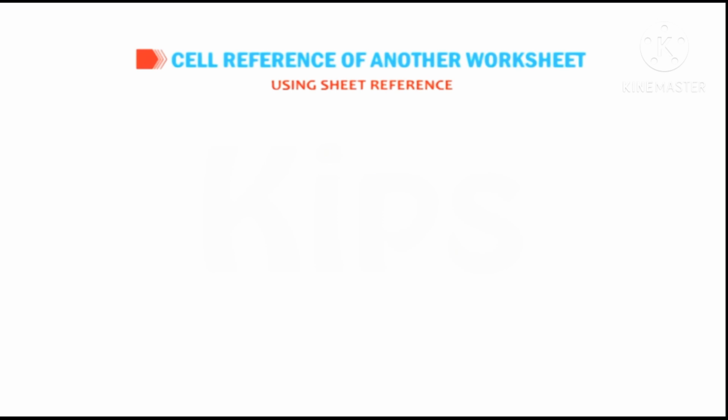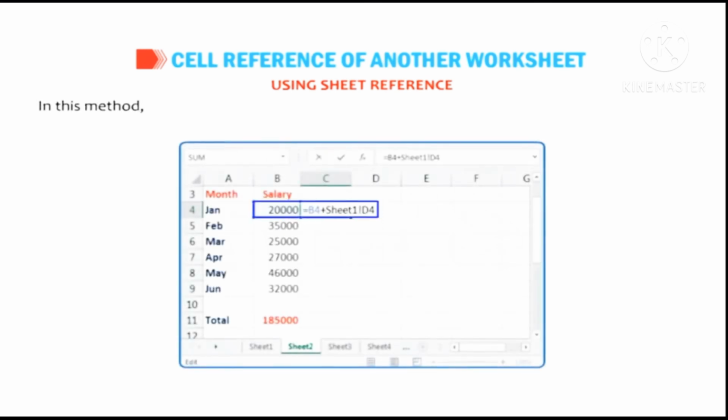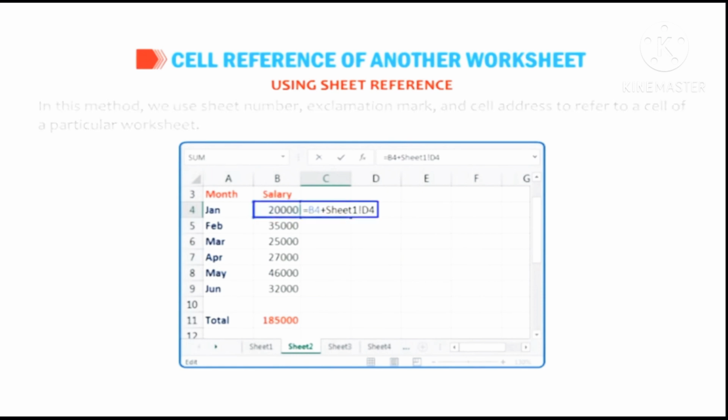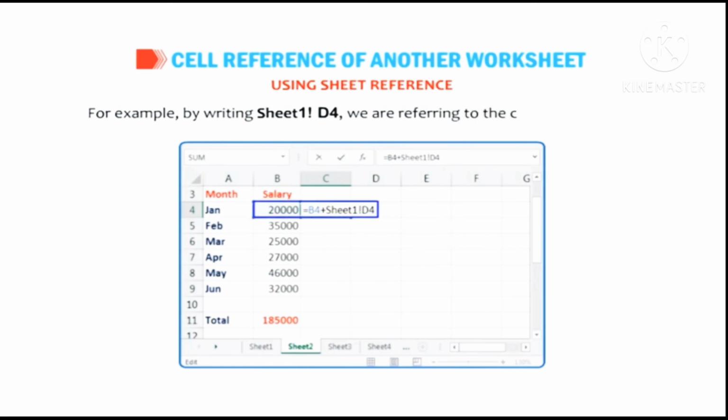Second, using sheet reference. In this method we use sheet names, exclamation marks and cell addresses to refer to a cell of a particular worksheet. For example, by writing Sheet1!D4, we are referring to D4 of Sheet 1.